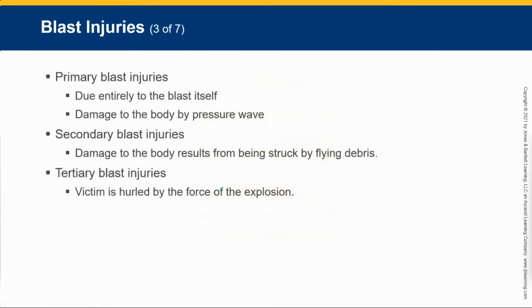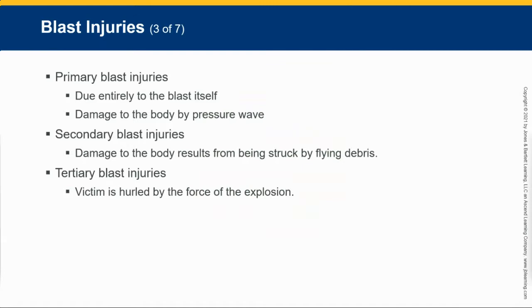That primary blast injury is actually the pressure wave, the damage that's done by the blast itself to the body. Then that secondary circle that we saw, that's the flying debris. Okay, so we have the primary injury, which is the pressure wave from the blast, the secondary injury, which is the debris projectiles flying through the air. We have tertiary, which is the person has been thrown and whatever surface they're striking.